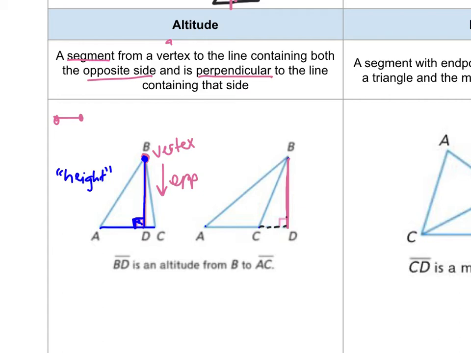Again, it starts at a vertex, goes to the opposite side, and is perpendicular to the opposite side. So that is altitude.